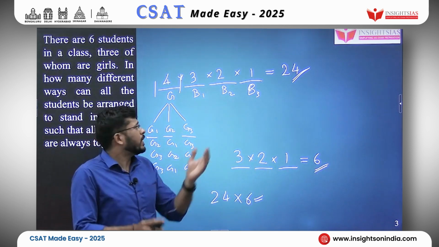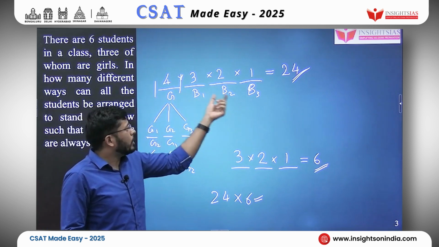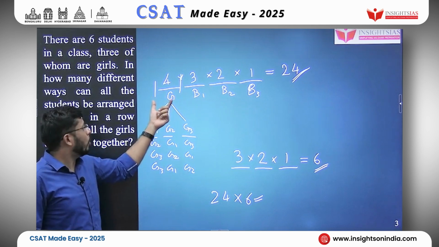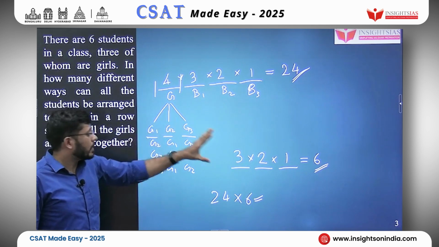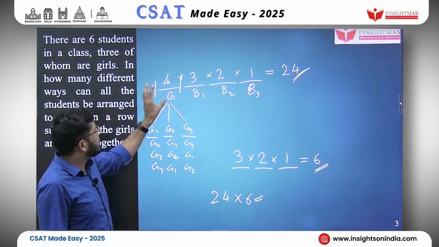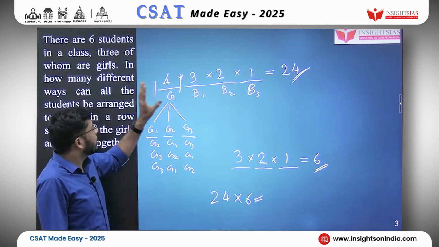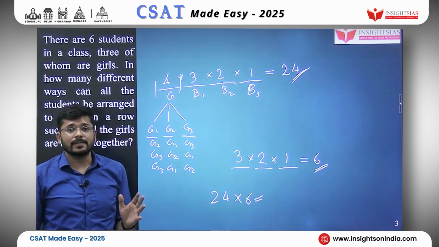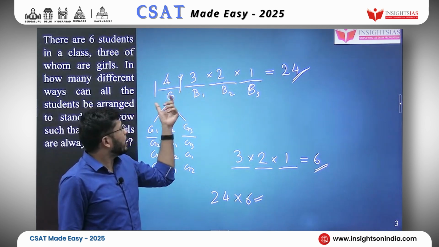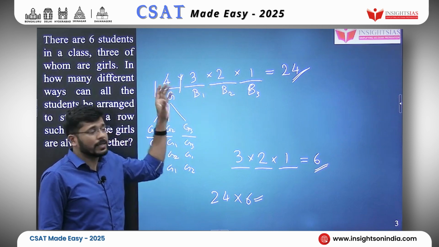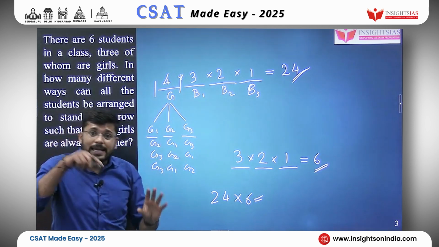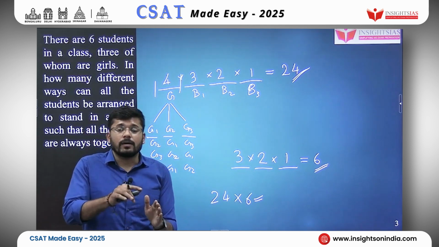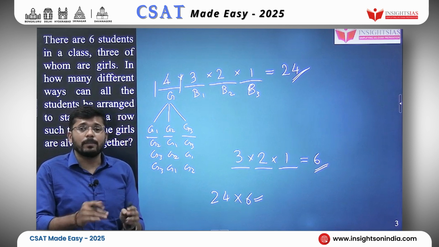For example, take this G block to be here, with B1, B2, B3 fixed there, but still this single G block can create 6 variations. Then consider it in the second position. In the second position also it will take 6 different ways. So if you can arrange this bigger arrangement in 24 ways, in each of those 24 ways it will create 6 more sub ways.